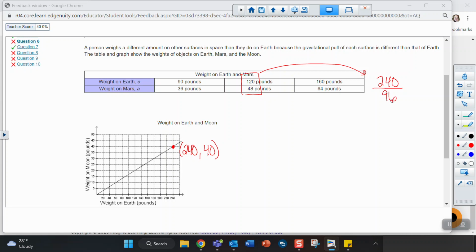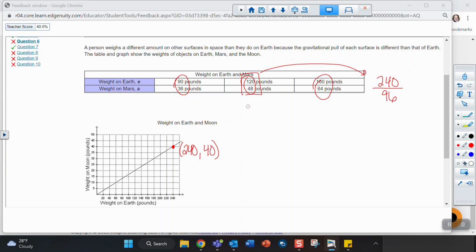We ended up getting there anyway. Remember, if you do y divided by x, like 36 divided by 90, you could do it here, 48 divided by 120, or 64 divided by 160. All of those give us the exact same constant of proportionality.